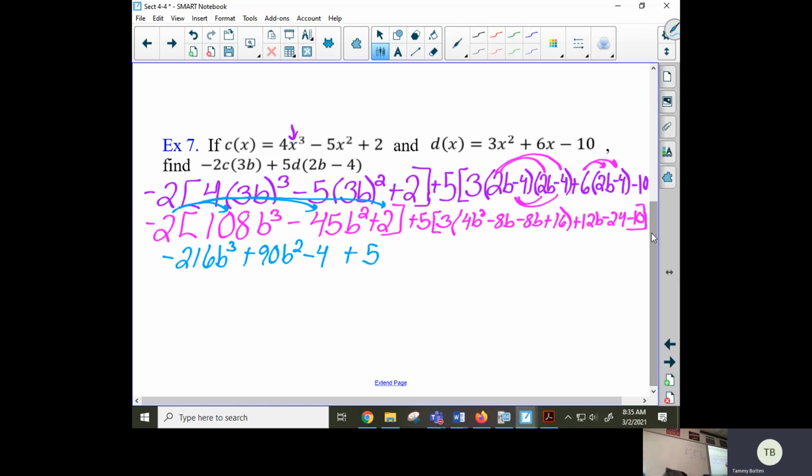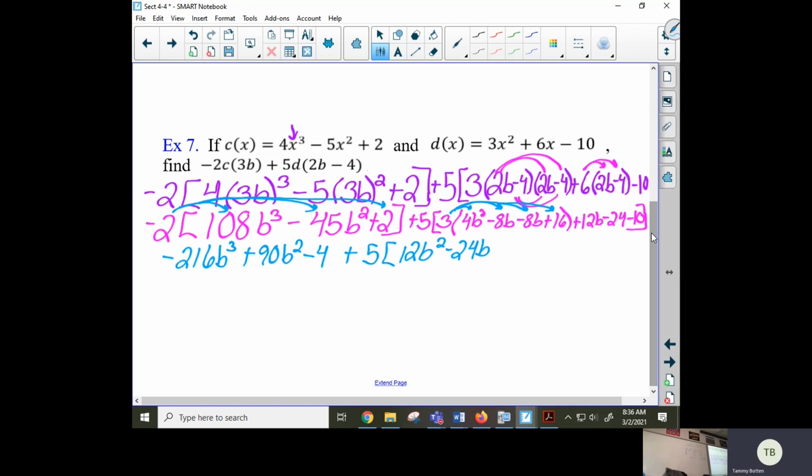And I could do this a couple of different ways. I might just right away distribute this 3. I could have rewritten this combining these two, but I'm going to distribute the 3. So 3 times 4b squared is 12b squared. 3 times the -8b is minus 24b.